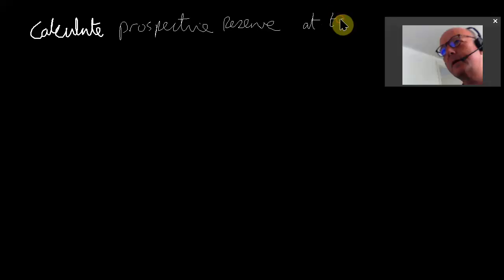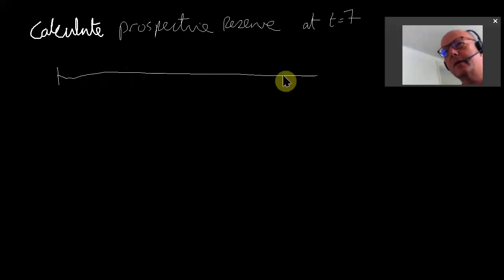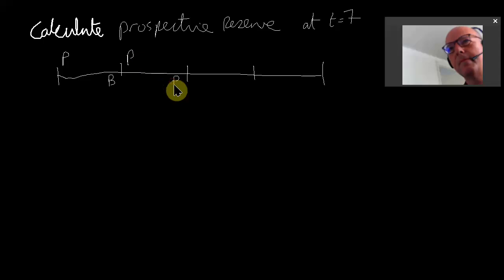At t equals 7. Now the convention here is, if you're taking the timeline, 1, 2, 3, 4, you get the premium in at the start of the year, and you get the benefit payable out just at the end of the year. Next premium, next benefit.